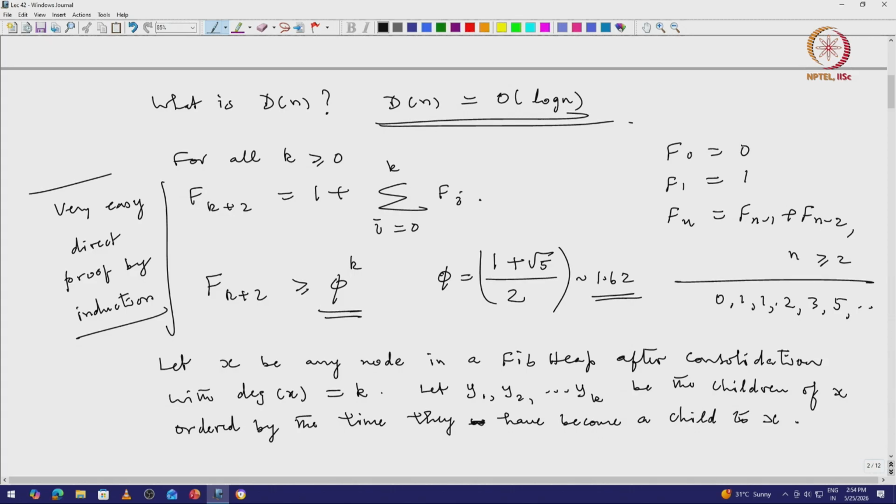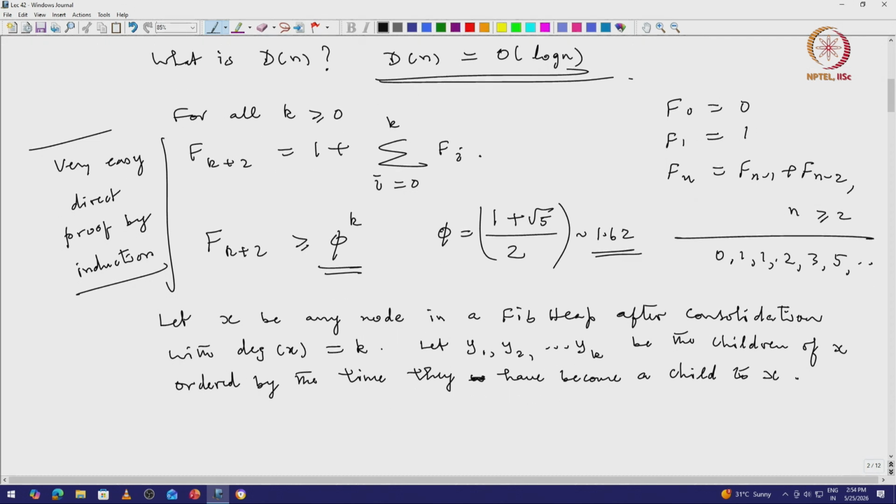These are all the surviving children. Then degree of y1 is equal to 0 and degree of yi is greater than or equal to i minus 2 for i from 2 to k.